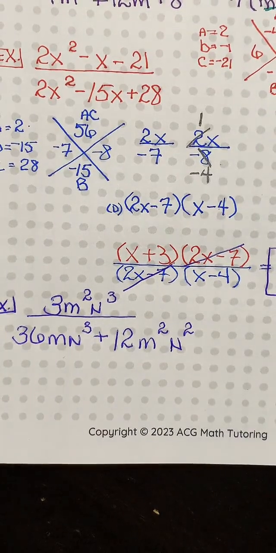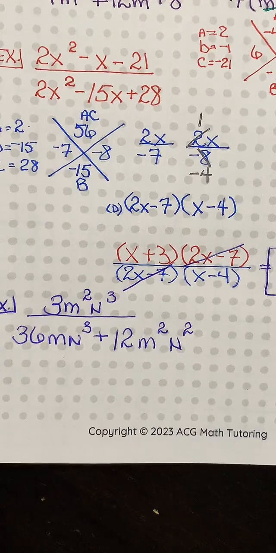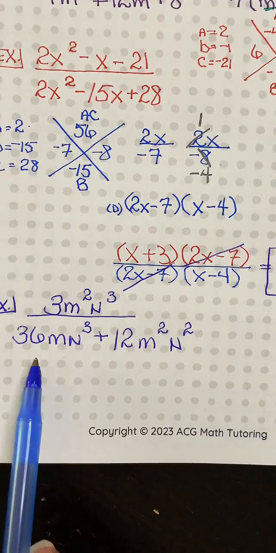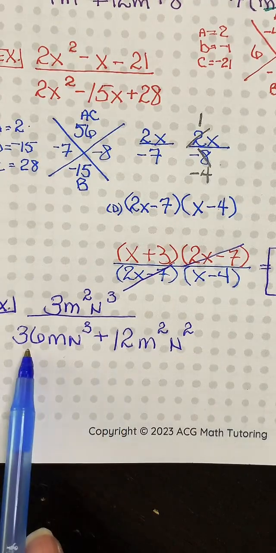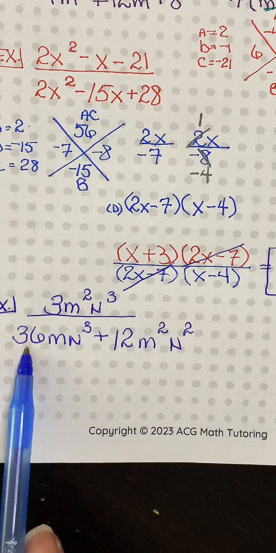I'll pull out 3 to simplify. Okay. Now, quick suggestion. 36 and 12, there's something higher than 3.